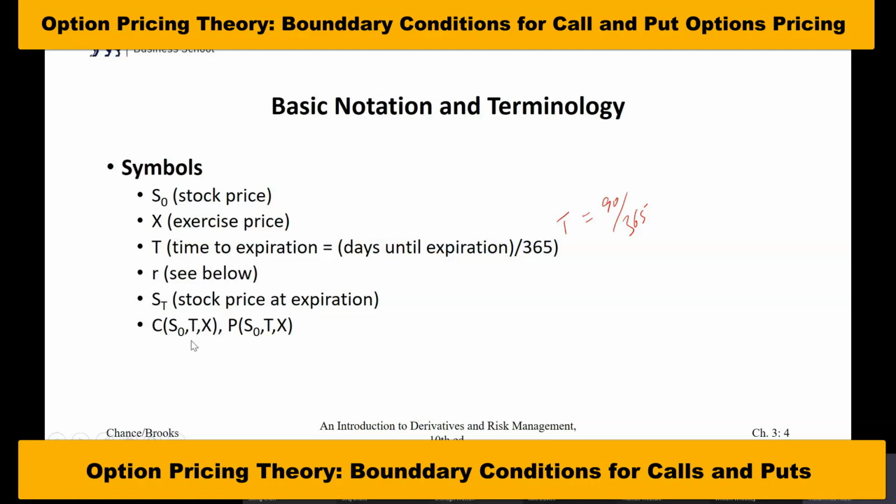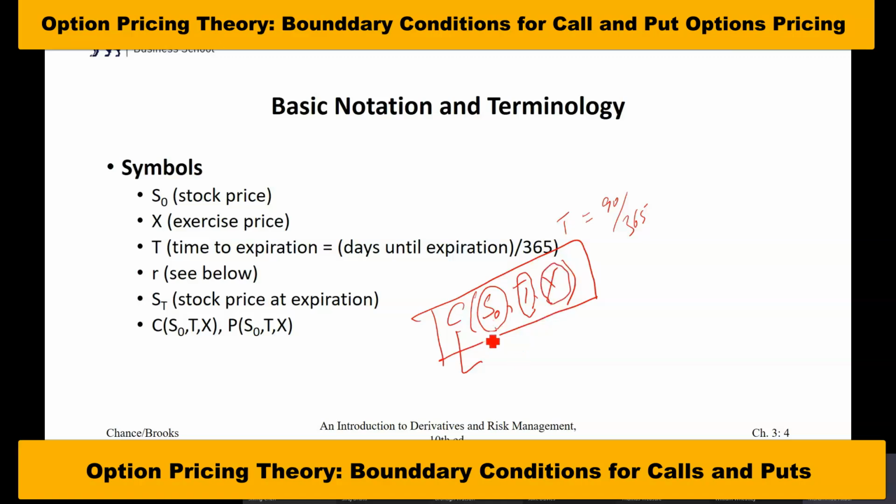And this notation that we have here, for example, the first one is C(S0, T, X). We are going to read it like this: the price of a call for a given stock price expiring in a given expiry time period at a given exercise price.